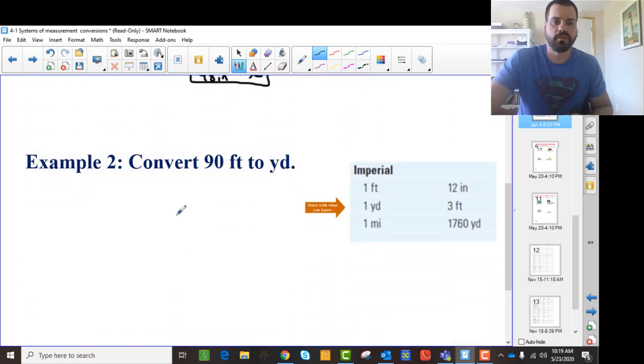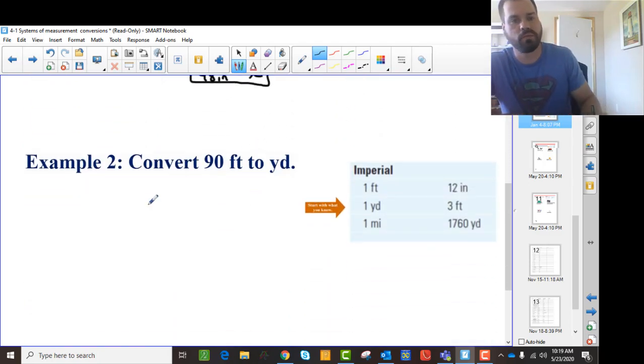Same thing here. Convert 90 feet to yards. I want yards, and I have 90 feet. I'm going to start with what I know. What I know is that 1 yard is 3 feet. Then I'm just going to multiply up here.